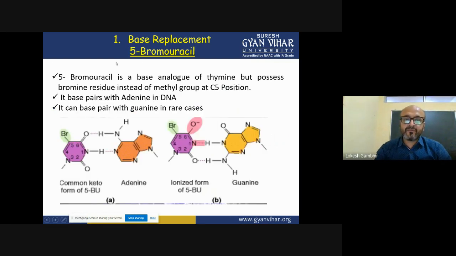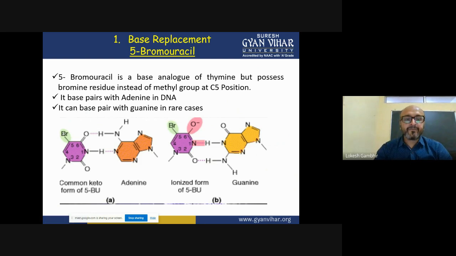So if we are talking about 5-bromouracil, it's a complete analog of thymine. If you look at the structure, it's a structural analog or base analog of thymine. Instead of a methyl group at the fifth position, there is a bromine residue. That is the only difference.